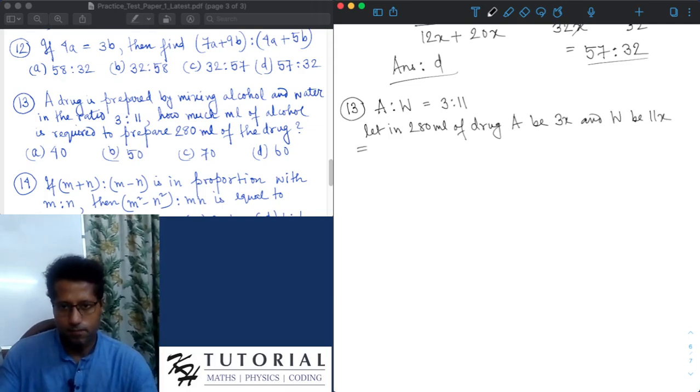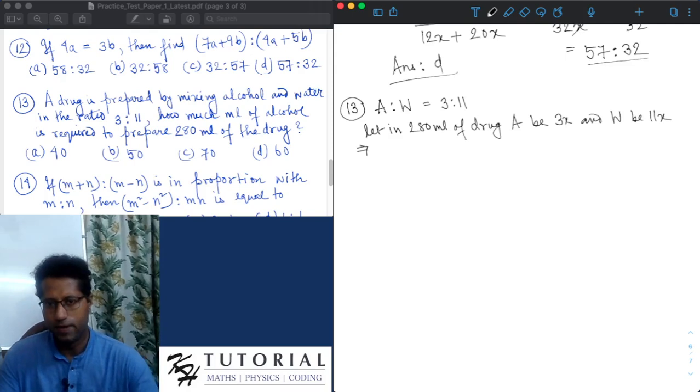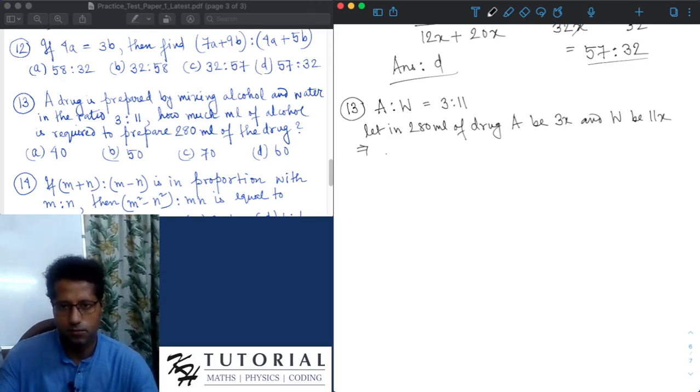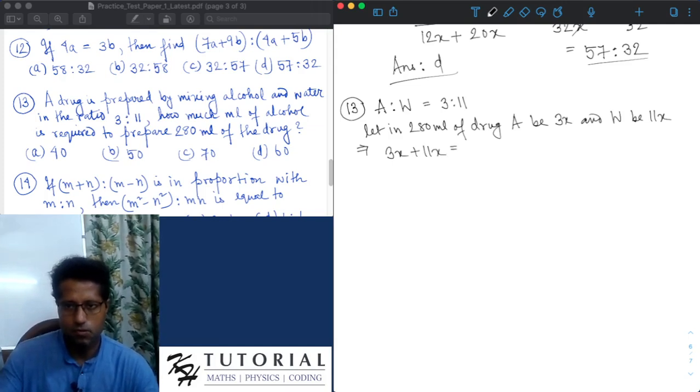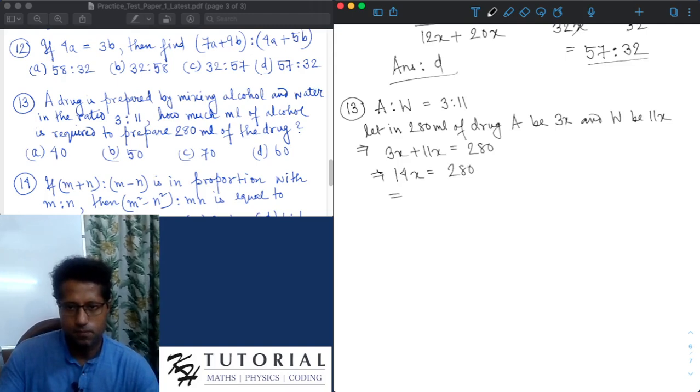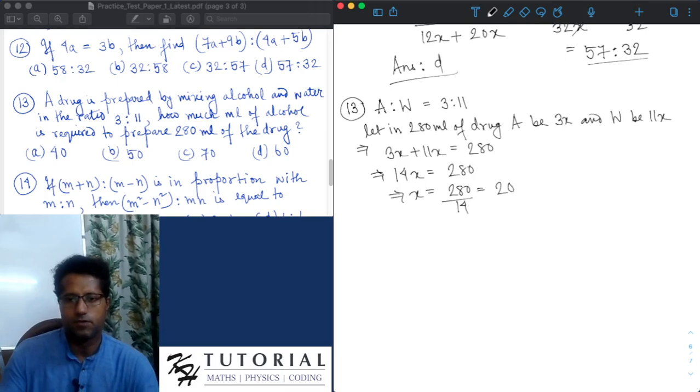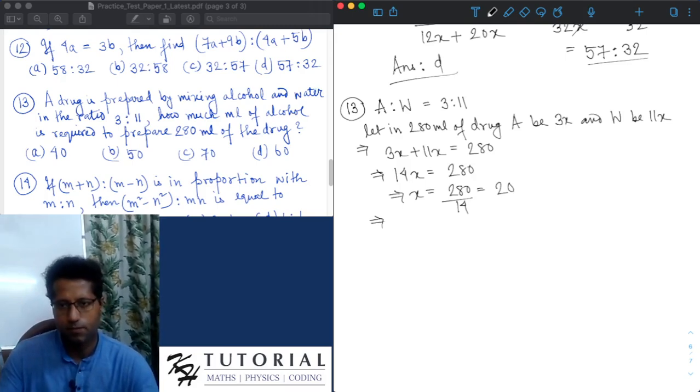So we know that the amount of water and the alcohol will be 280 ml. So this implies that 3x plus 11x equals 280. This implies 14x equals 280. This implies x equals 280 divided by 14, which is 20. So x is 20.